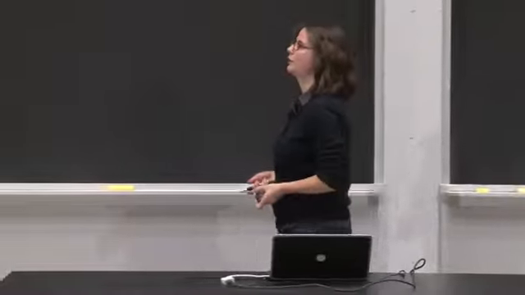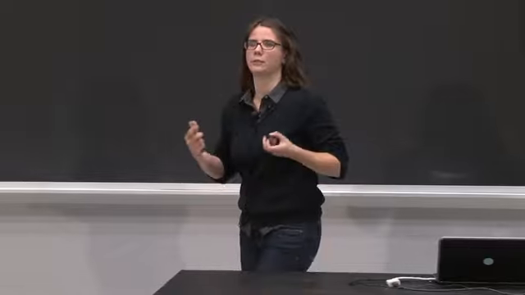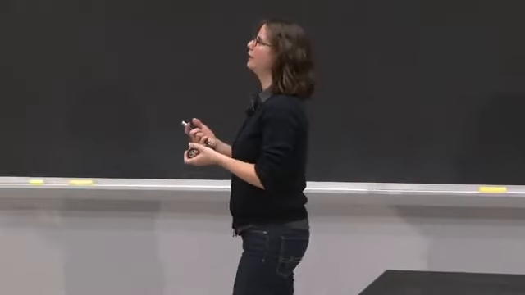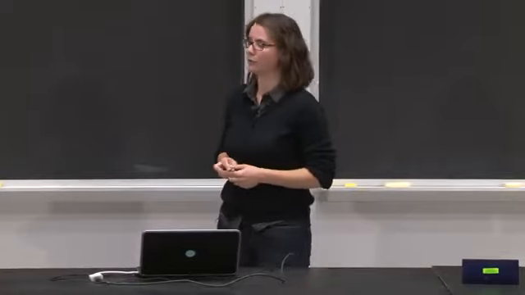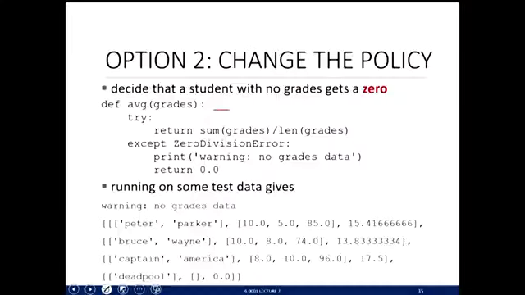The other option is to actually change the policy. This is where you replace the data with some sort of default value. And if you do something like this, then this should be documented inside the function. So when you write the doc string for the function, you would say if the list is empty, then it'll return a 0.